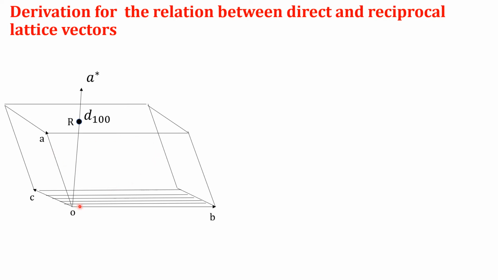That unit cell is represented by the three crystallographic axes A, B, and C. Such a primitive unit cell is represented by height OR, which is at a distance equal to d100.